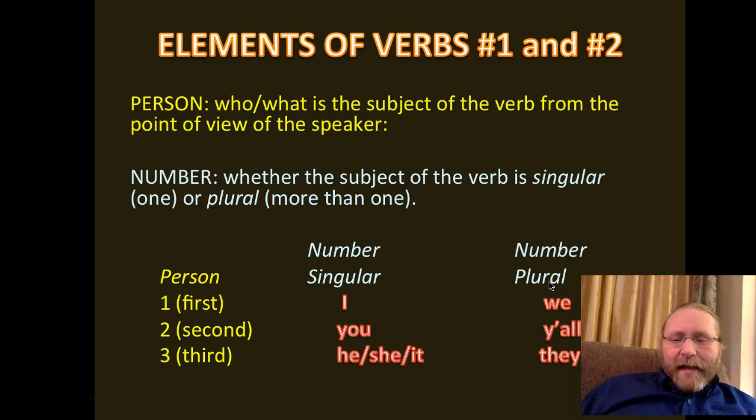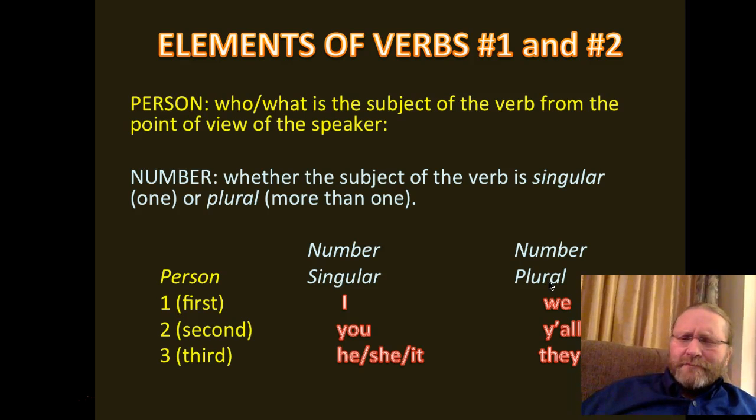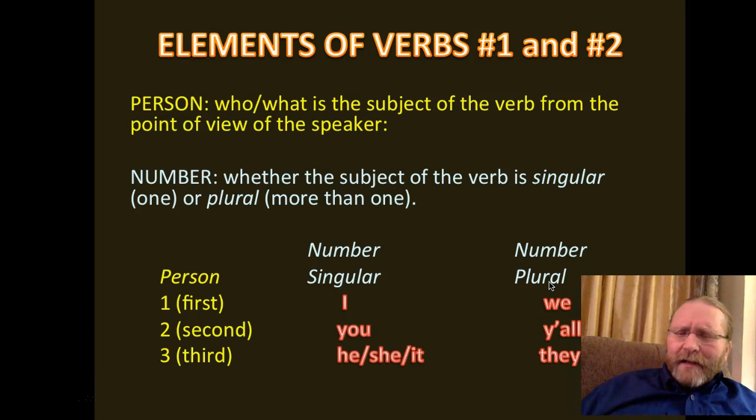But finally, we'll come to third person, where there is a not me, not even you, but there's somebody else doing the verb. And if that thing is singular, it's either he, she, or it. And if it is plural, then it is they. So the first two elements are person and number. And there are three persons and two numbers.